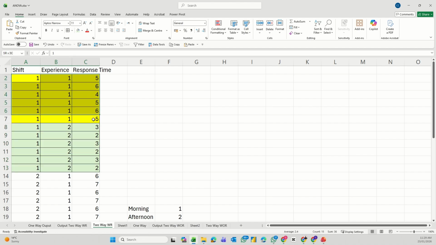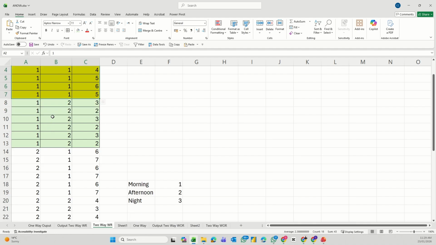In this first pattern, something is unique. You see that the shift and the experience are the same. Something is unique here again. You see that the shift and experience here are the same at that point.